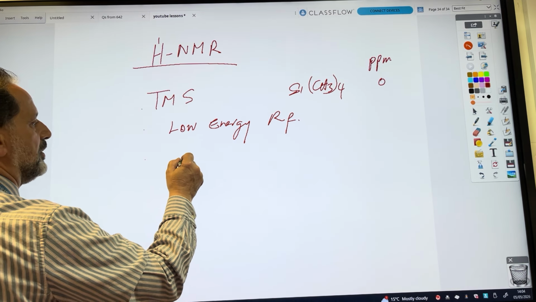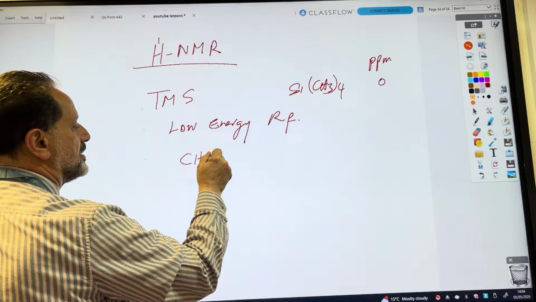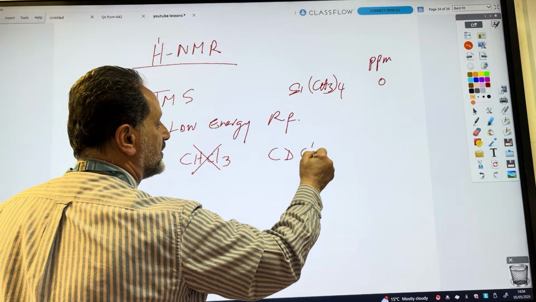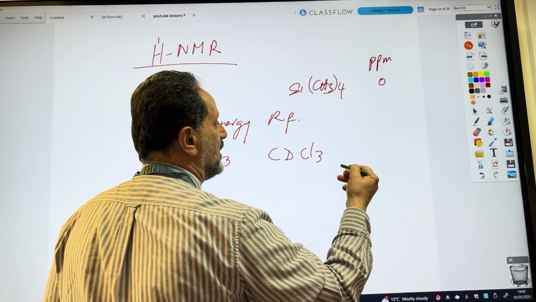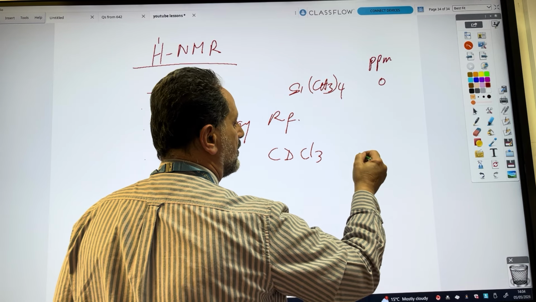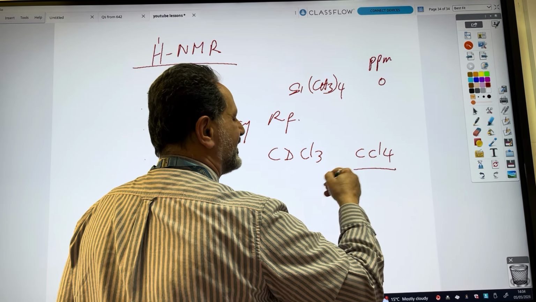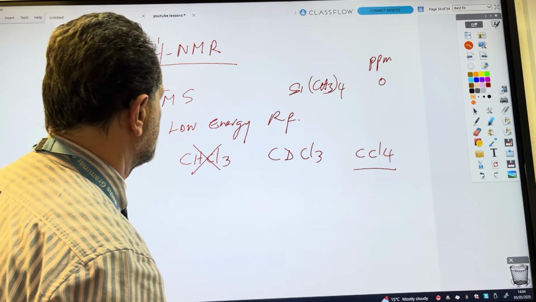So, for example, you cannot use CHCl3. You have to use CDCl3. Or if your solute is nonpolar, then of course you have to use a nonpolar solvent, something like that. A solvent that does not have any protons in it, any hydrogen in it.